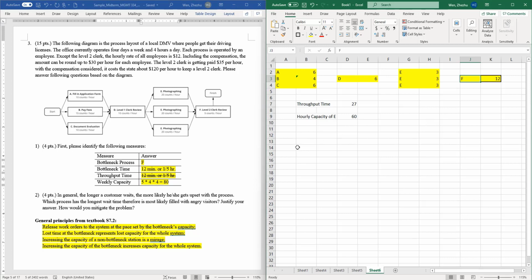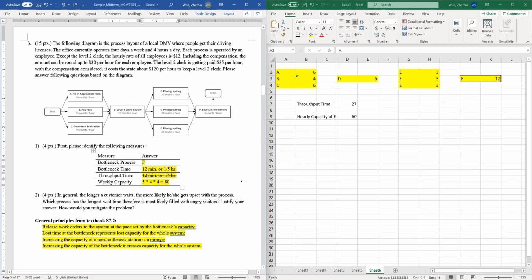And then your throughput time is not 12 minutes. I don't know what I was thinking when I did this. The throughput time is basically the amount of time all the components take going through the entire system, right? The only difference is you have a concurrent process branch which has 3 different activities, with 6 minutes being the longest amount of time.